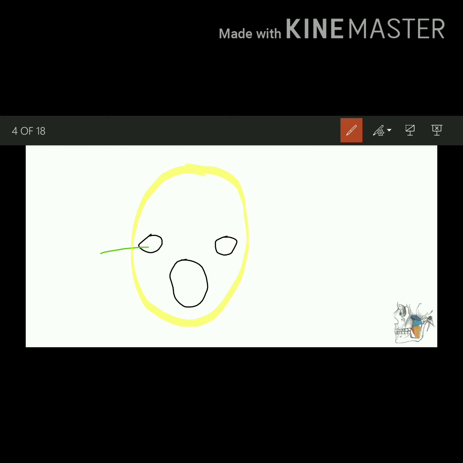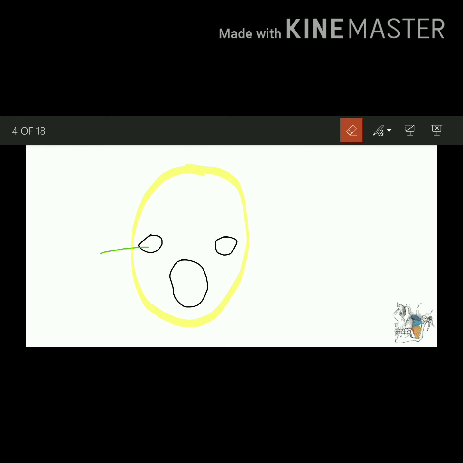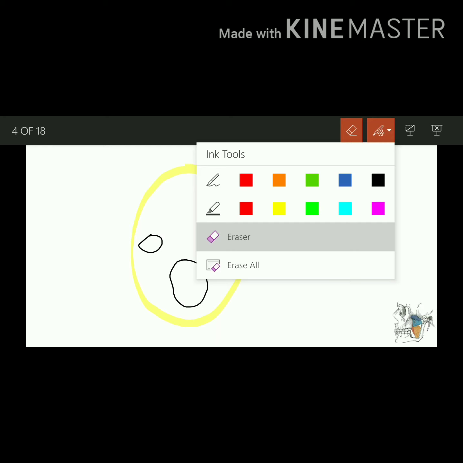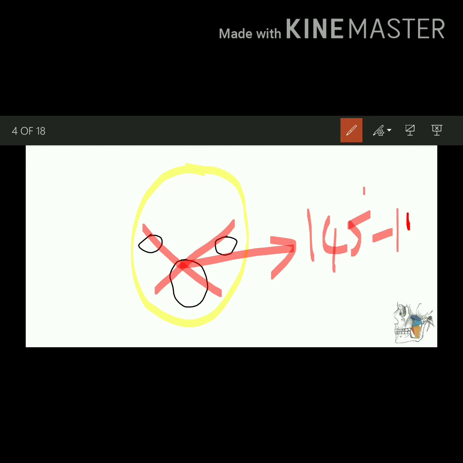This is the lateral pole and this is the medial pole. When we draw a line along the medial pole, it meets in the foramen magnum, and the angulation would be somewhere around 145 to 150 degrees, to be noted.